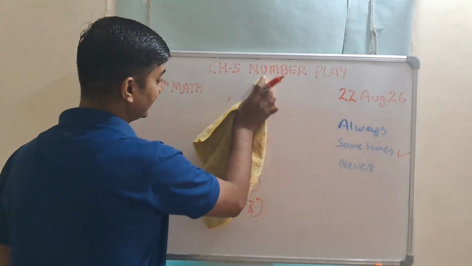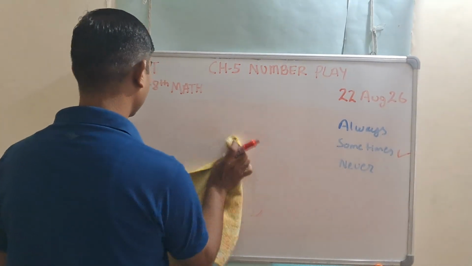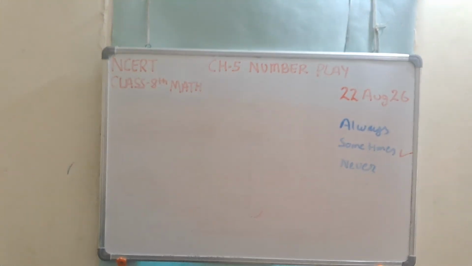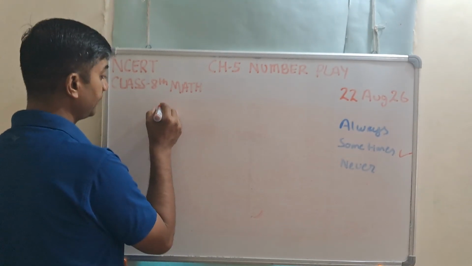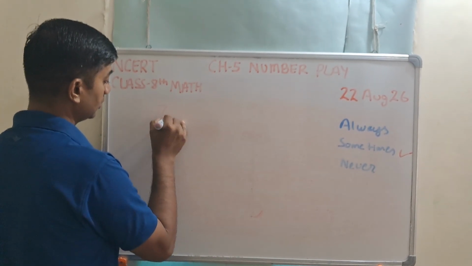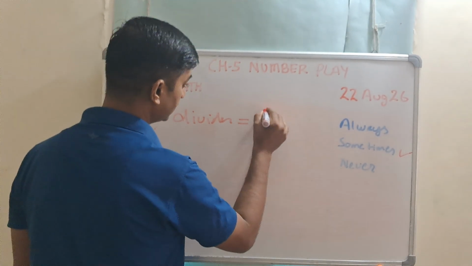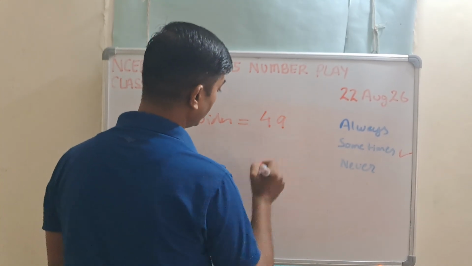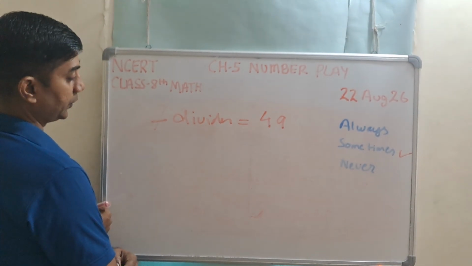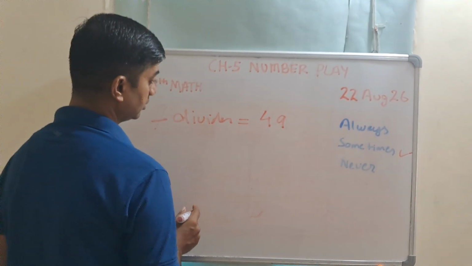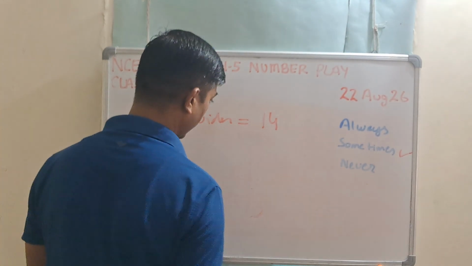Now we will see the next. Excuse me. Now see, if 7 divides 49, or we can say 14.